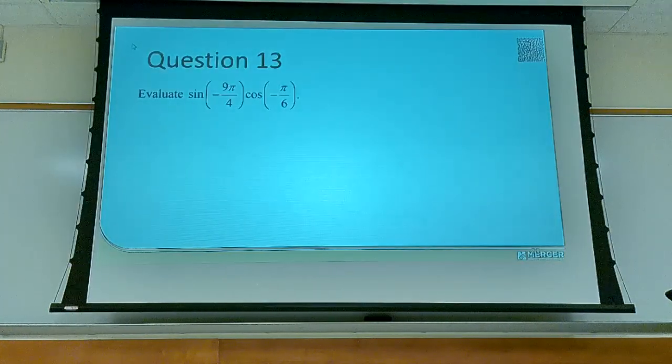I'm going to walk through my thought process here. I would actually not use the unit circle. I would just immediately find reference angles from here. I'm going to use the even and odd properties first.